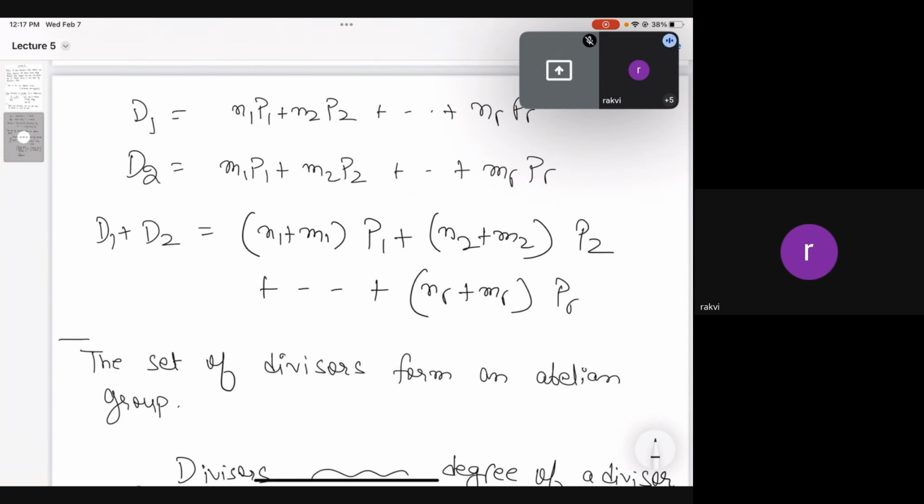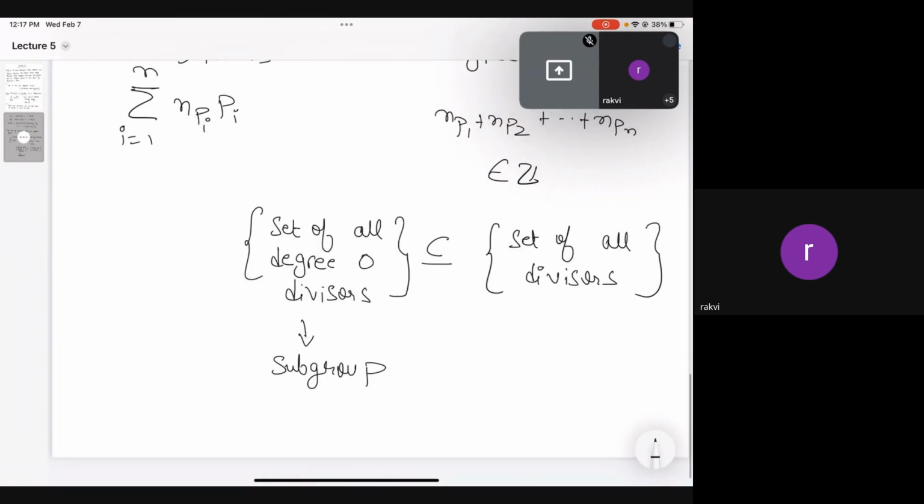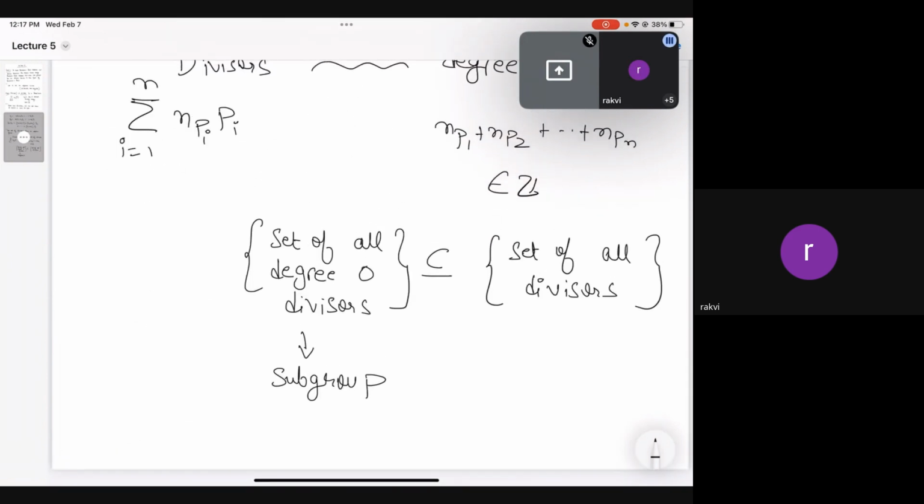So if d1 and d2 are degree 0 divisors, then d1 plus d2 will also be a degree 0 divisor, because the sum of coefficients can be separated into two parts, the sum of coefficients of d1 and of d2, both of which are 0. So the binary operation restricted to this gives me closure, and 0 is a degree 0 divisor. And if you take a degree 0 divisor and its additive inverse, that will also be a degree 0 divisor. So this forms a subgroup.